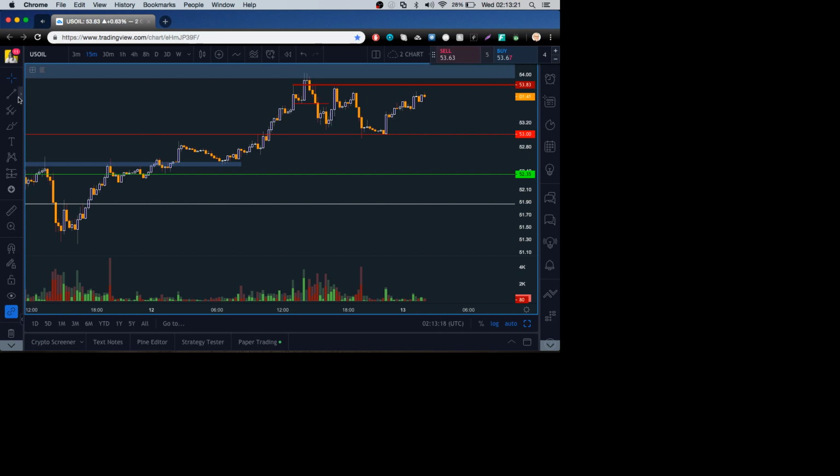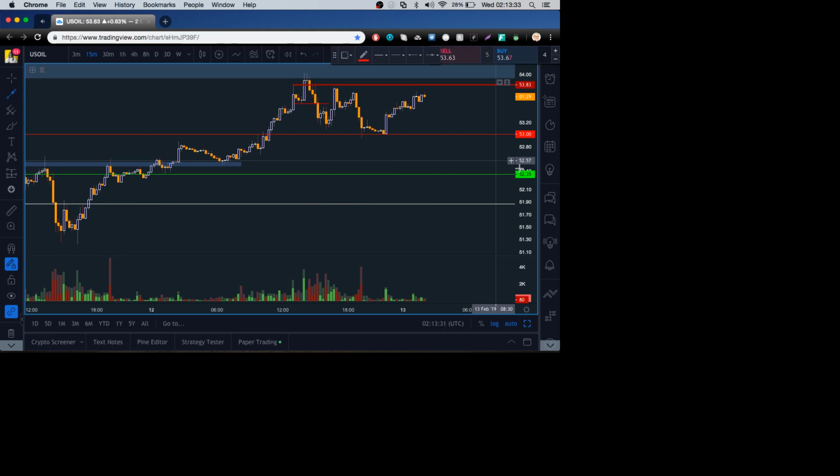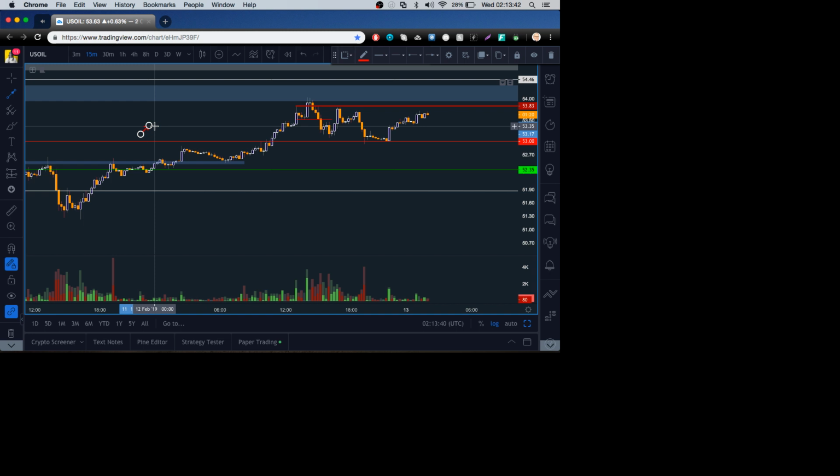And QUASIMODO explained is, if I just pull up the drawing tool, a QUASIMODO is a simplistic pattern, which is, you've got a rally, a pullback, and then it breaks to a new high, and then a sharp move back below that previous swing low, and then when it rallies, you're looking for an entry or some weakness back at that previous swing high.